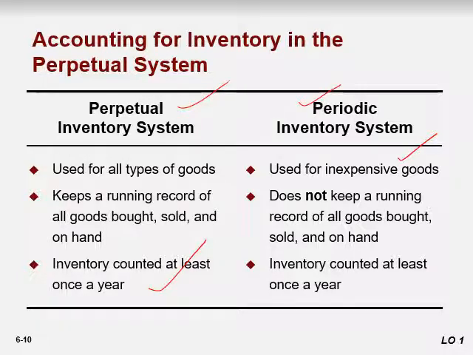So the summary is that they do keep a running balance, a running record of all goods bought and sold and on hand, right? So if you go to the drugstore, you buy some kind of drug, they enter it into the system, and from the system it is deducted from the inventory, right? So it means they are constantly updating their computer systems, right? Or if you go to buy some kind of furniture, or if you go to the IKEA store, right?